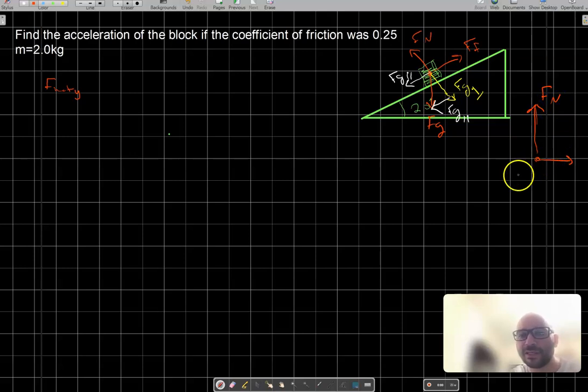Well, in this case, let's do the force of friction on the other side. Let's just keep it as is, I guess. Force of friction up to the right, and on to the left we have the Fg parallel, and down we have Fg perpendicular.